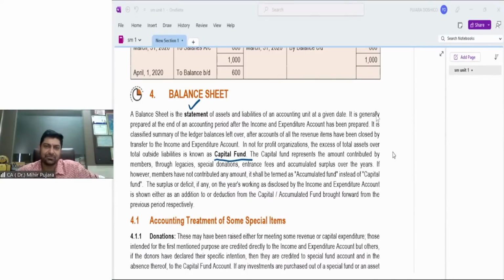Loss also transfers to capital; it will be minus. The receipt and payment account's closing balance will go to the balance sheet on the asset side, like cash and bank balance, right?